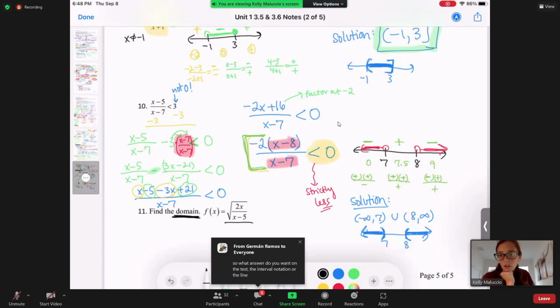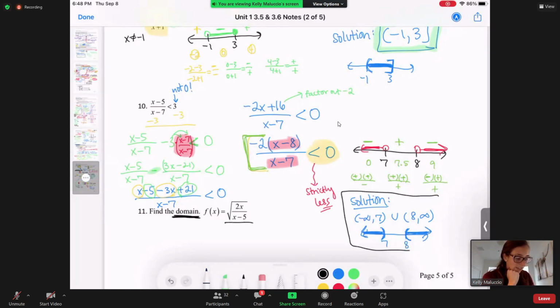Oh, okay. So sorry, German asked a question. What answer do I want? So I'm writing it like this right now, but on the test, I will take either. You only need to give one answer. So you could give just this one, you could give just this one. And if it asks specifically for interval notation, then that just means you must give this answer, if that makes sense.